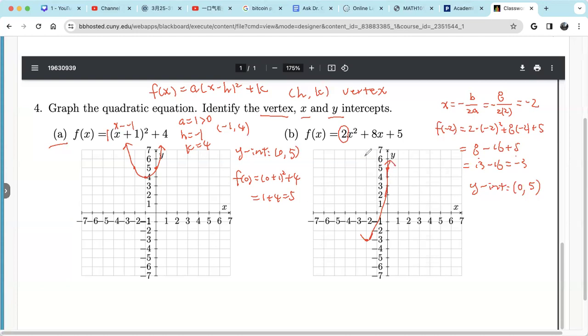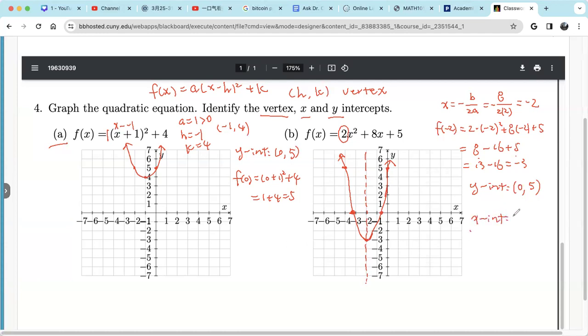By symmetry, this is the line of symmetry. So that means we also have this point. So on this side, graph something like this. But we need to figure out those 2 points, the x-intercepts. So how do we figure out the x-intercept?